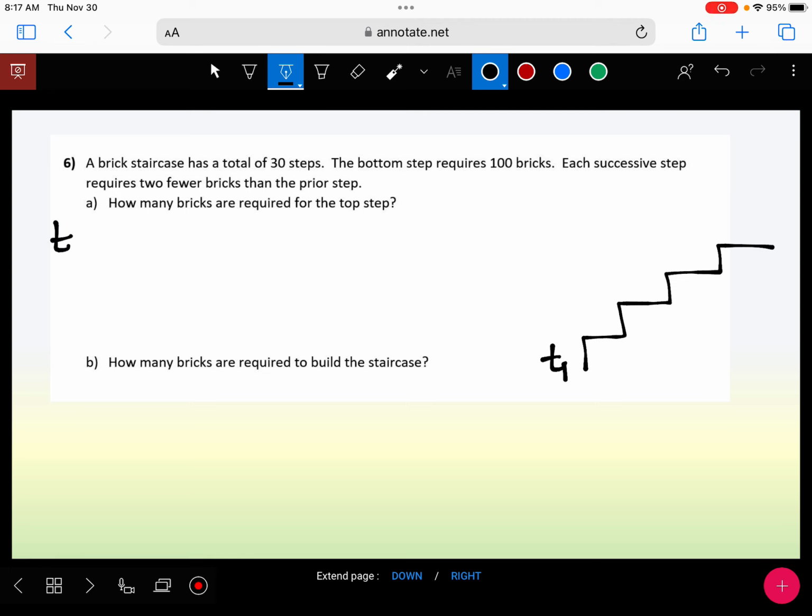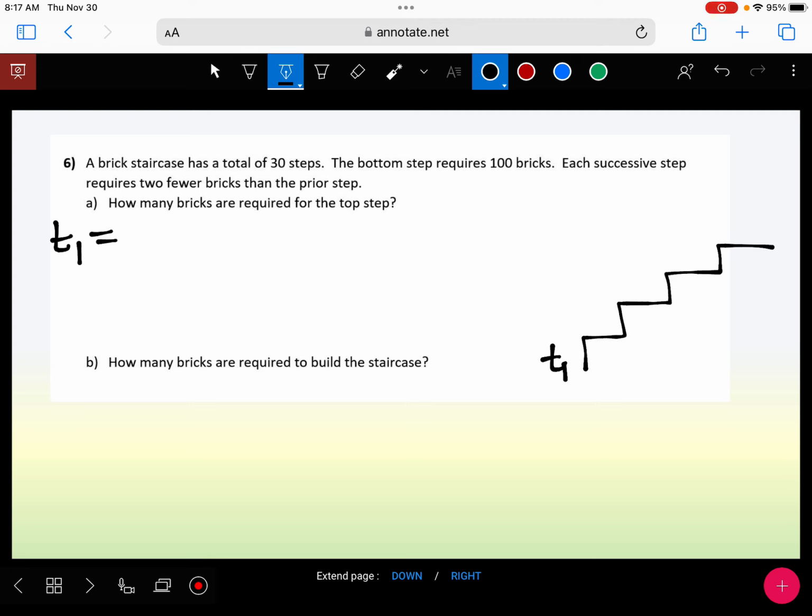So in this example, how many bricks did I use for the bottom step? So read it and figure out how many bricks for the bottom step. Not 2 bricks for the bottom step.